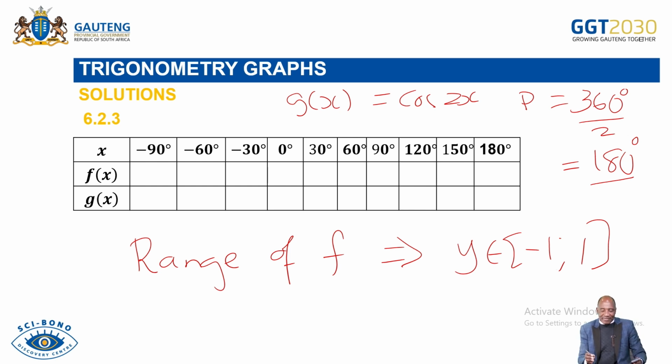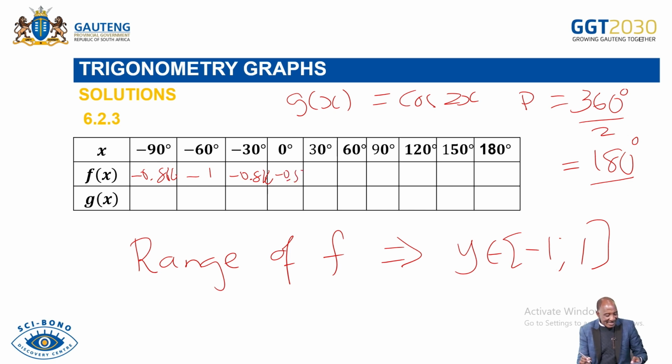So for the first function of sine, this is what we are going to obtain. You are going to get -0.866, followed by -1, followed by -0.866. You can see it's coming back now, followed by -0.5 at 0.